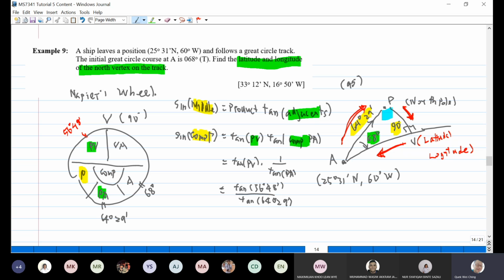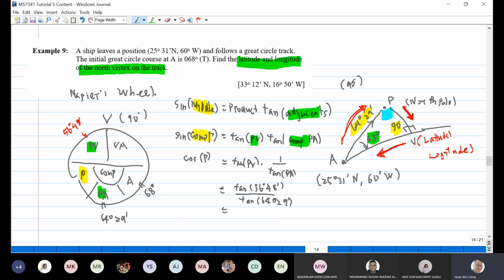And sine co-P is equal to cosine P, which is very good news because it saves you a lot of calculation. So what is this going to give you?